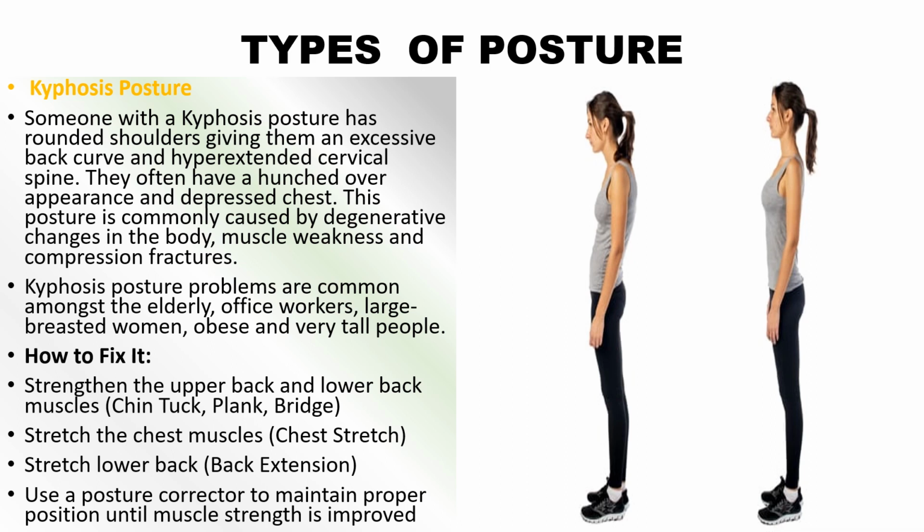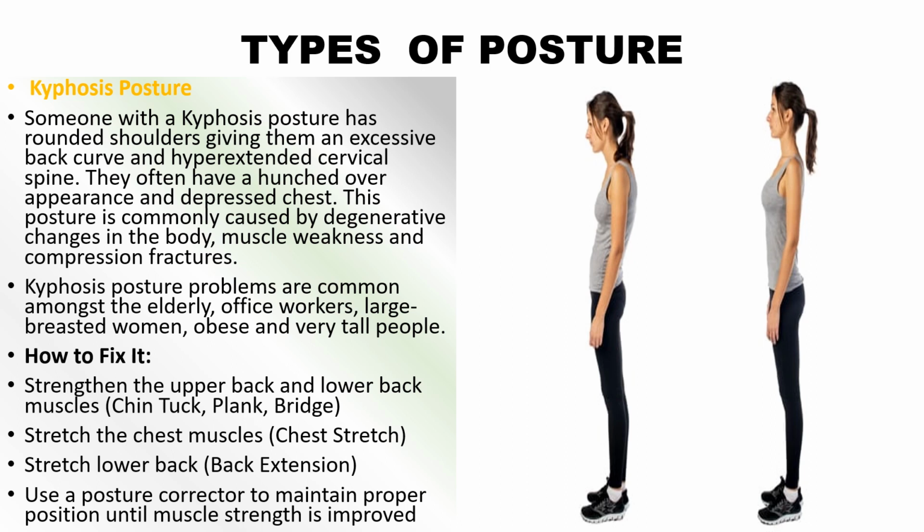This posture is commonly caused by degenerative changes in the body, muscle weakness, and compression fractures. Just look at that girl. She is very weak in muscle. Her body is not straight, not aligned. She does not look good, not straight. She looks like a weak girl.